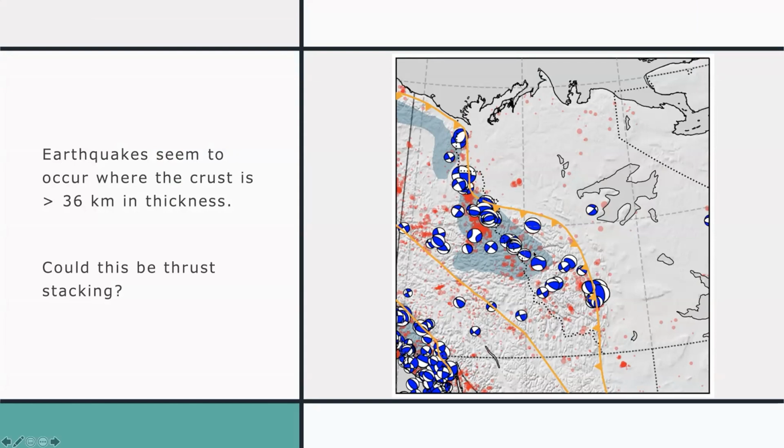So what we think is happening is that whatever is causing the deformation is creating thrust stacking. And again, I'd note that there's very little deformation to the west of the Mackenzies until I get to the Wrangell-St. Elias range and the Denali fault.